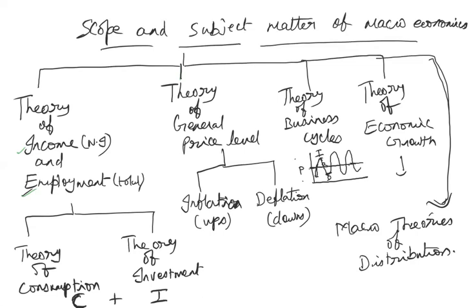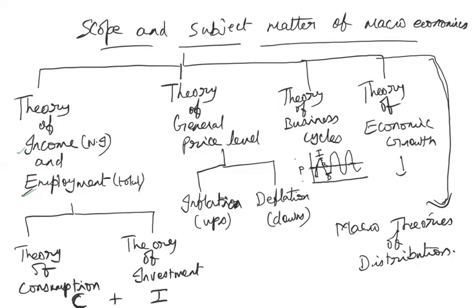Then if he has borrowed a loan from a bank or any capitalist, he has to pay the interest. And whatever is left over is the profit for the producer. So in this way, the revenue earned by a firm is distributed in the form of rent, wages, interest, and profit. Or alternatively, if you add all the rent, wages, interest, and profit, you will get the total revenue of the particular company. So this is from the micro point of view, only one individual producer, how he distributes his revenue.